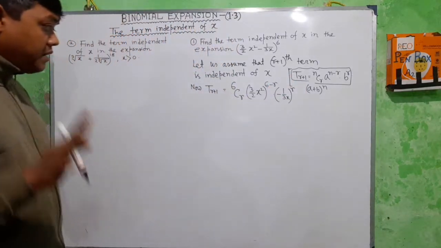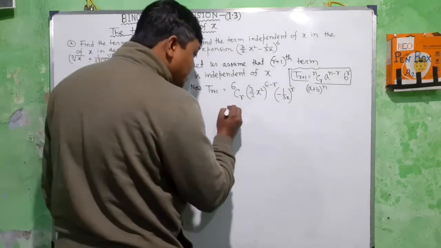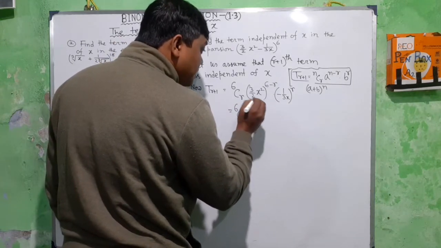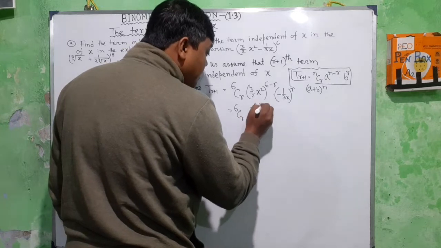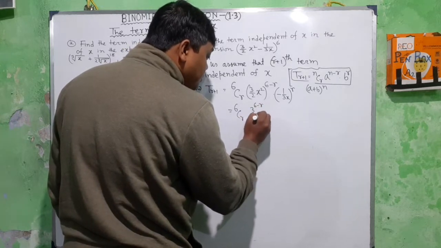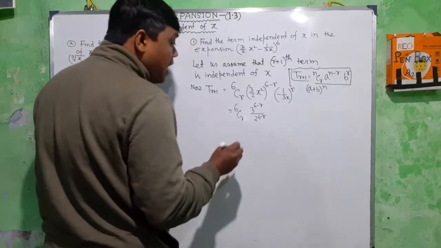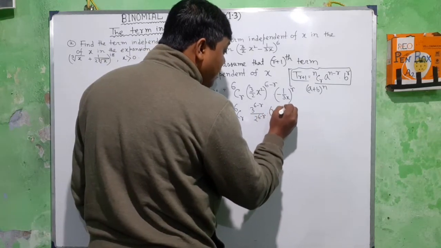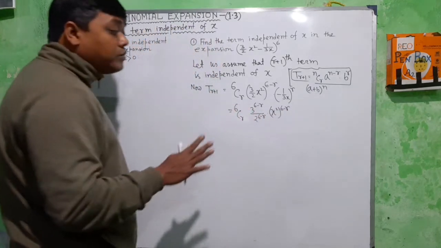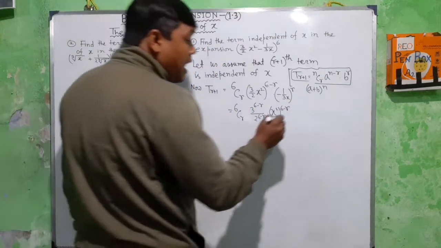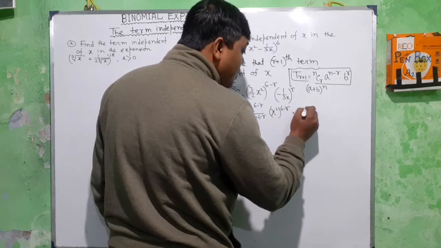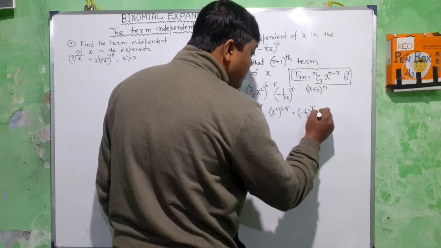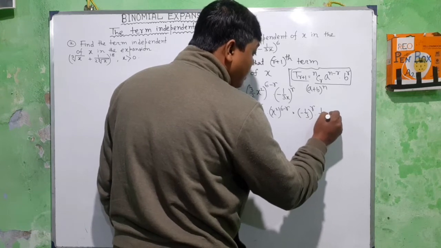Now I simplify it and do some calculation. 6Cr (3/2)^(6−r) into (x²)^(6−r) according to the law of indices, and this can be written as (−1/3)^r into 1/x^r.